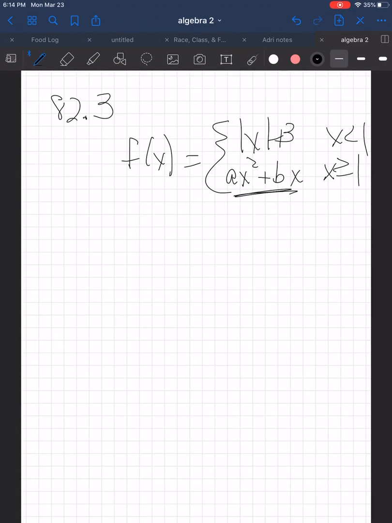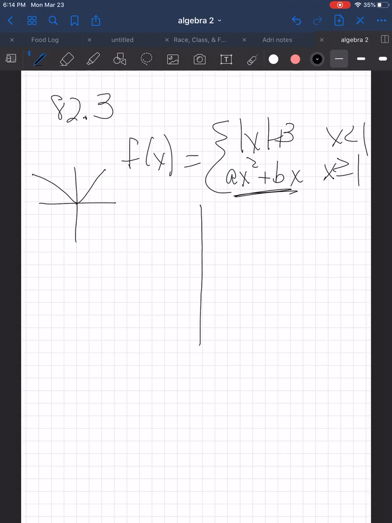Ax squared plus bx is the graph of what? It doesn't really matter what a and b are. What is the shape of that curve going to be? It's going to be a parabola because of the x squared. This is an absolute value graph. Remember, absolute value of x by itself would just be this guy right here. But with the plus 3, it means it's shifted up 3 units.